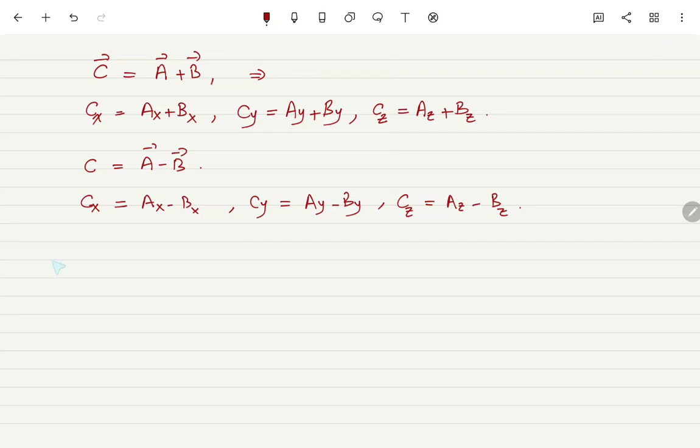Now let's have an example. If we have vector a equal to 4i minus 2j plus 3k, question: find the direction cosines of a and the unit vector in the direction of a.